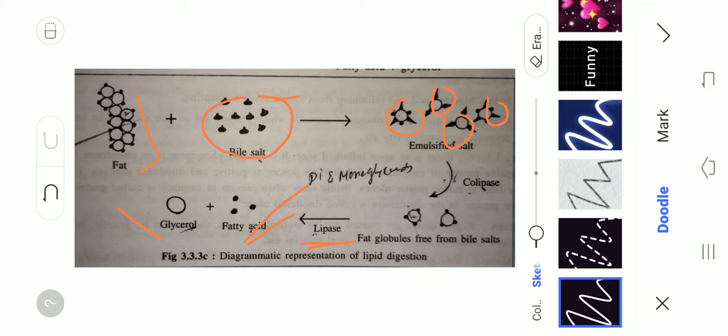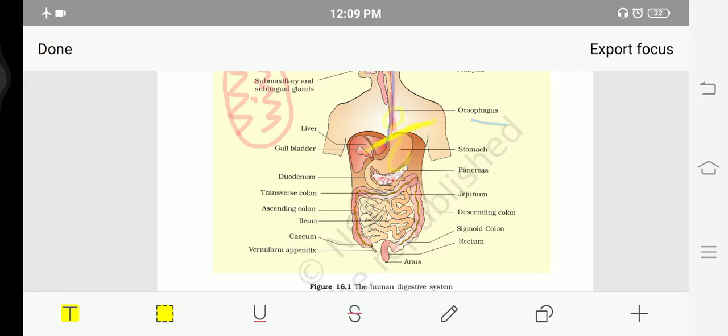After the absorption process, the undigested food enters into the large intestine from the small intestine. Here, the ileocecal valve prevents the backflow of undigested food from the large intestine to the small intestine.